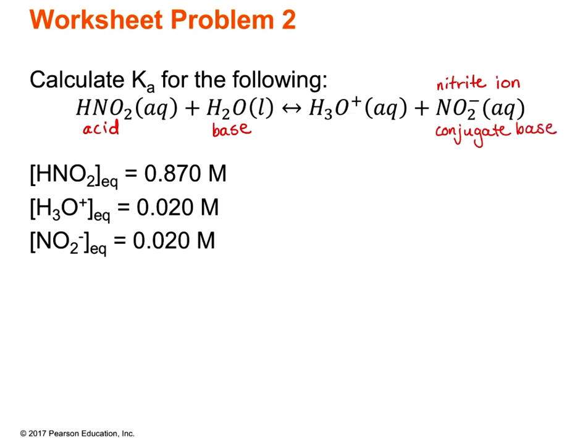Additionally, if we paired up the acid reactant with one of the products, it would pair with the nitrite ion, and the difference there is a loss of hydrogen. So we can conclude that the acid has become the conjugate base. Now, the hydronium ion is acidic, and if we pair it with water, we would see that there's an addition of a hydrogen. So this would be the conjugate acid.